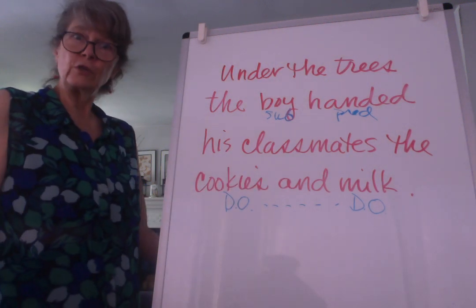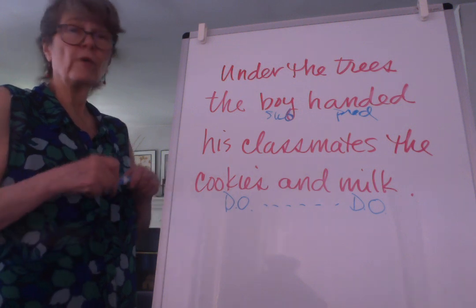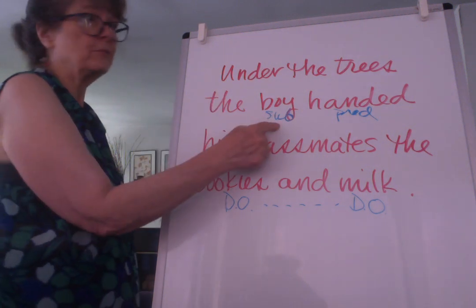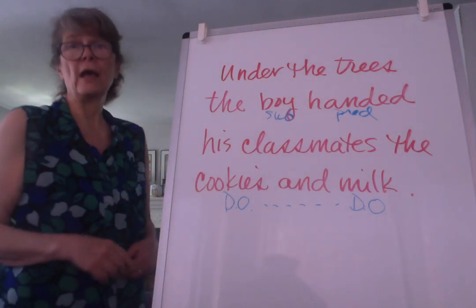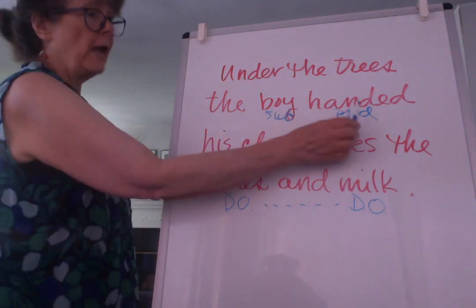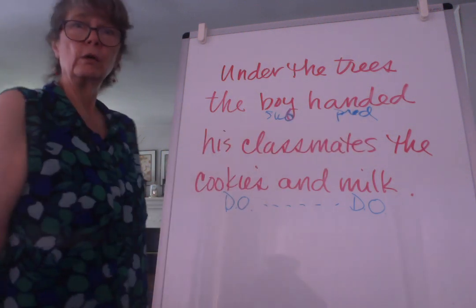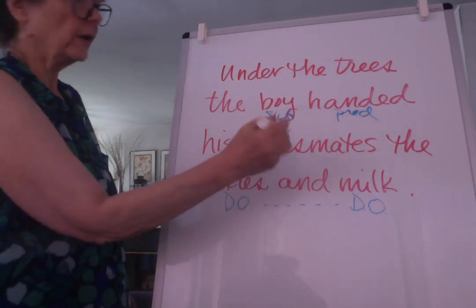All right, if there's a direct object, there might also be an indirect object. Remember, we'll find that by saying the subject, saying the predicate, saying the direct object, and asking to whom or for whom. So boy handed cookies and milk to whom? To his classmates, right?